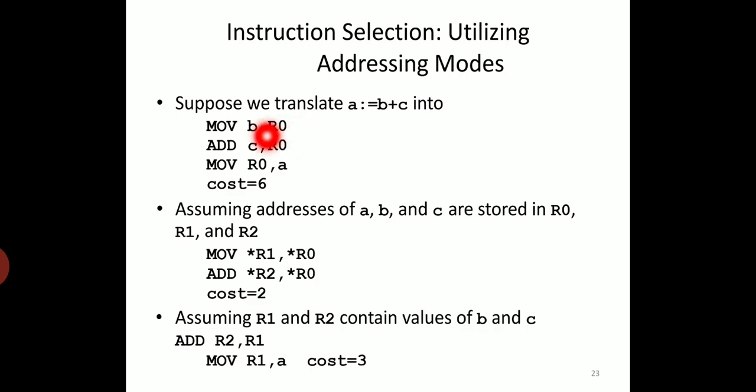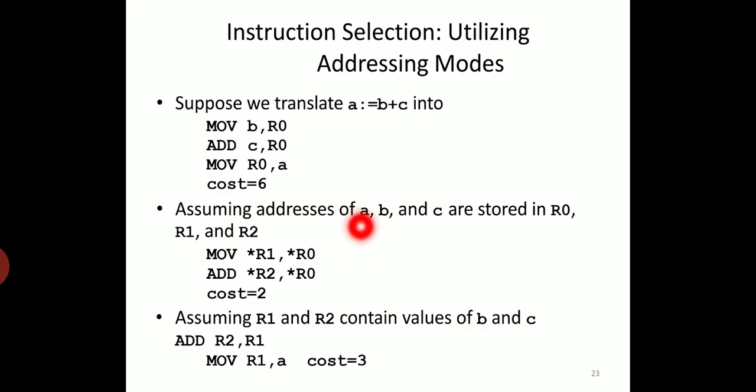R0 is a register, and we are assuming that B is a memory location, so the cost will be basic plus 1, that is 2. Similarly, add C, R0, C is in a memory location, so basic plus 1, 2. Move R0, A, A is in a memory location, so basic cost plus 1, 2. So each of these 3 has a cost of 2. So the total cost will be 6.